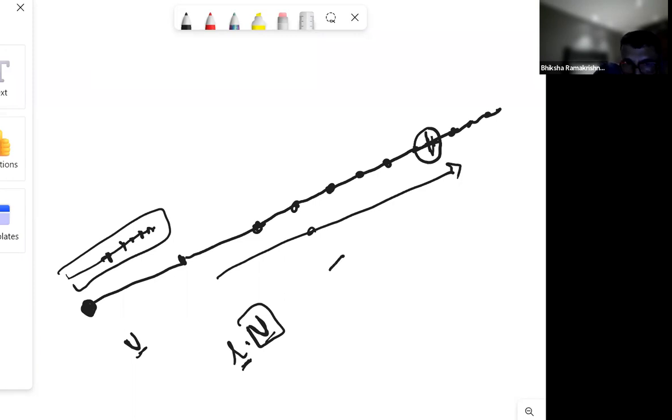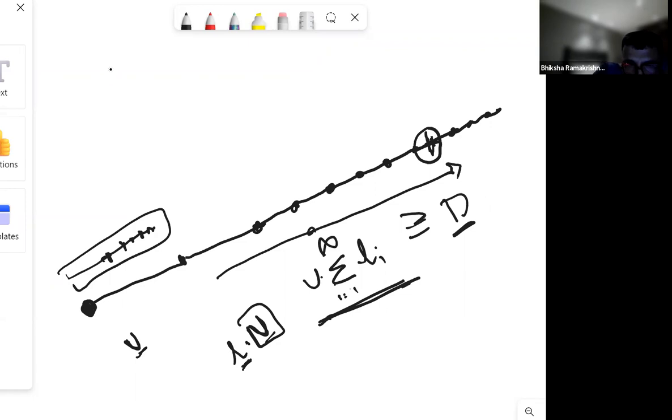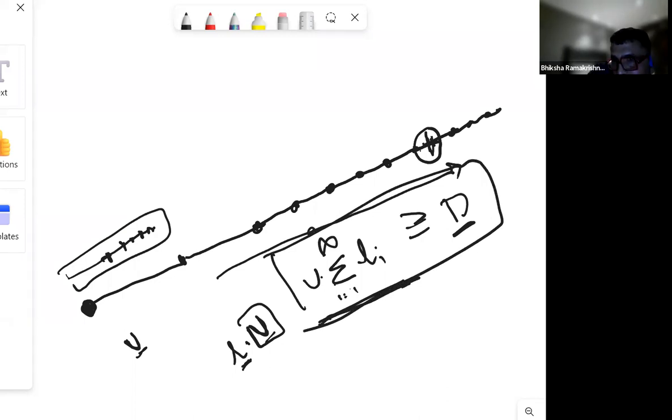So in other words, I want u times the summation over i equals 1 to infinity of my learning rate to be at least equal to the distance between the initial point and the optimal point. So is this making sense? Is this making sense, guys?